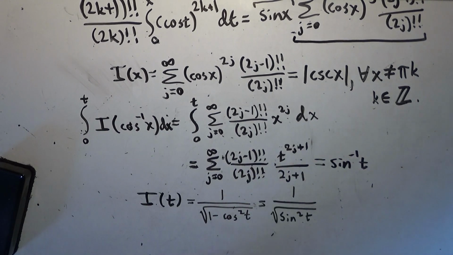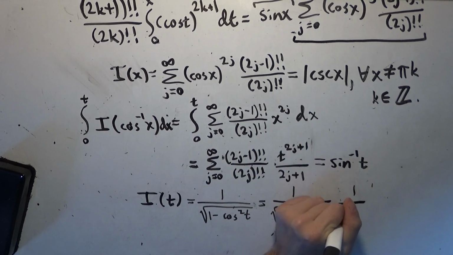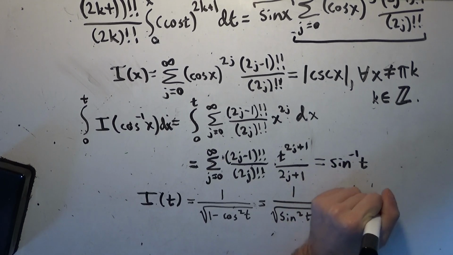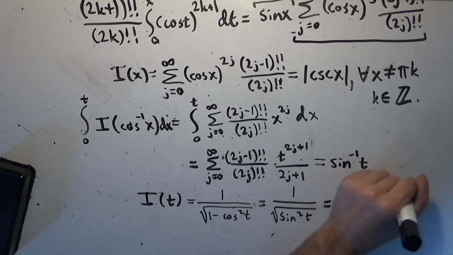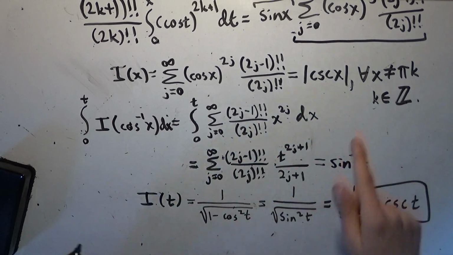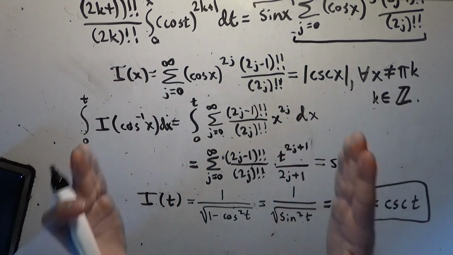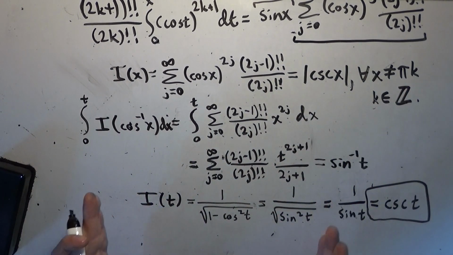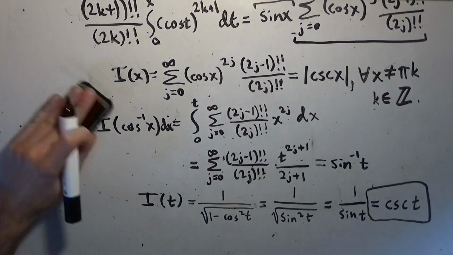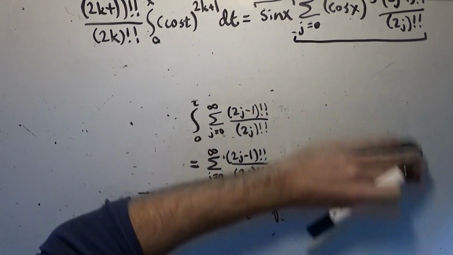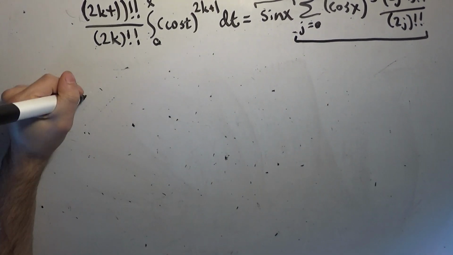But what's the square root of sine squared? It's sine, so we get 1 over sine of t, which is precisely the result that I claimed it would be. More or less. I said absolute value, but the absolute value just has to do with keeping it the same inside the branch between 0 to pi, because there are other branches of the function. But the point is, this sum, this series, this wacky-looking thing, is in fact the cosecant of t.